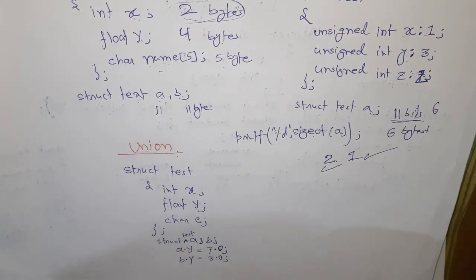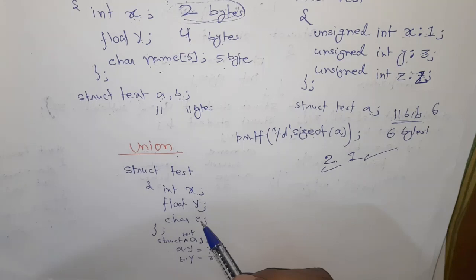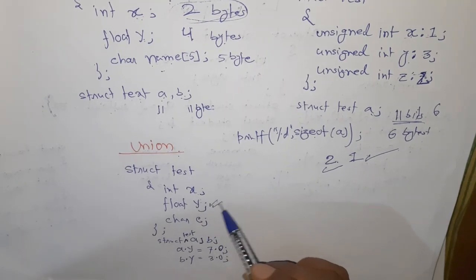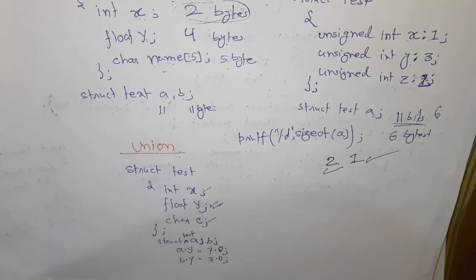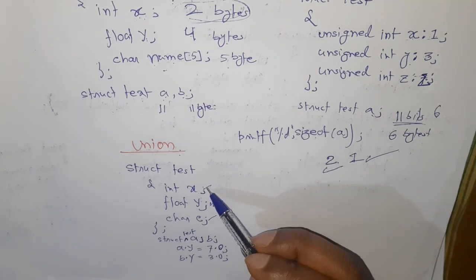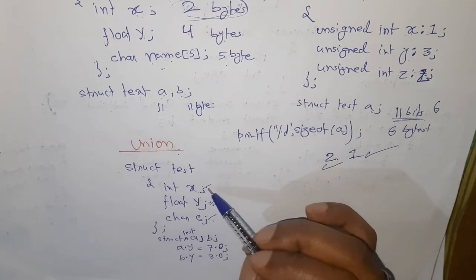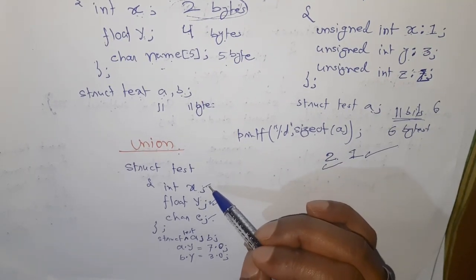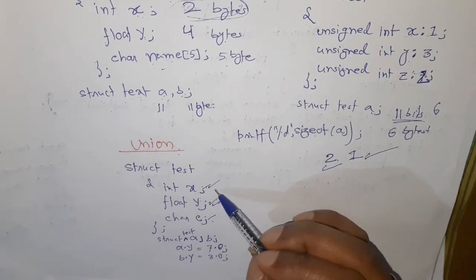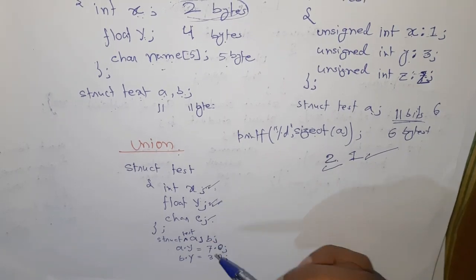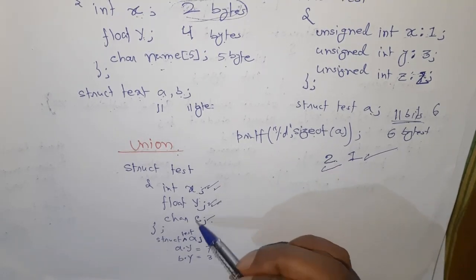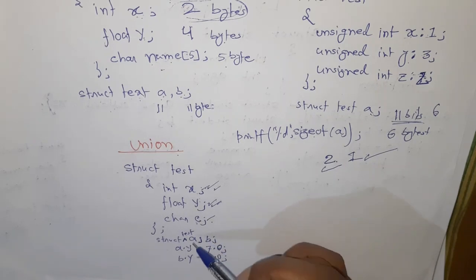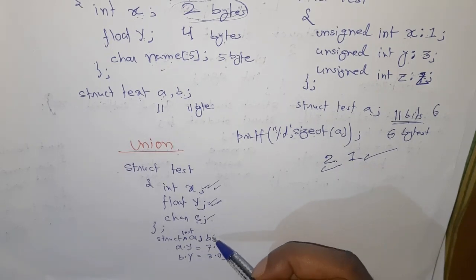So out of these three attributes we are only using y, where x and c become unused. But the computer will allocate space for x, for y as well as c. So we are wasting the storage of x for a, as well as the storage x for the variable b. Similarly we are wasting the storage c for the variable a as well as for the variable b.